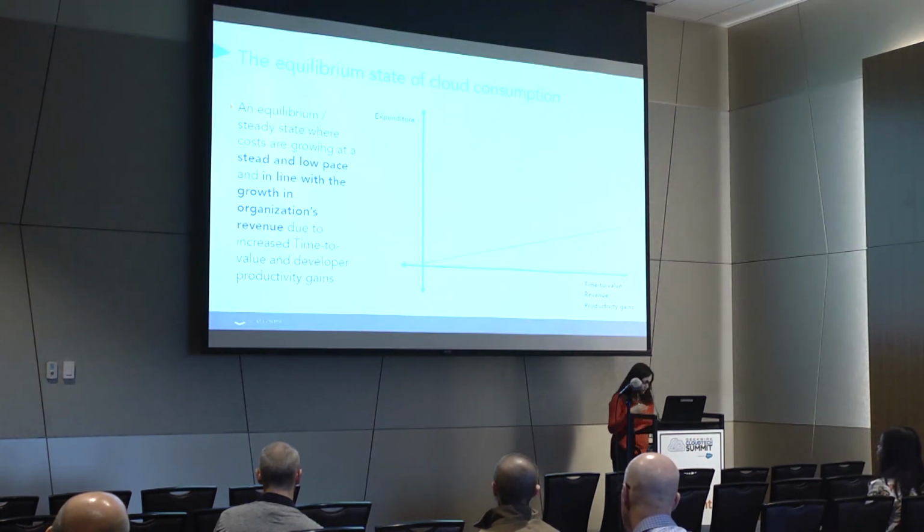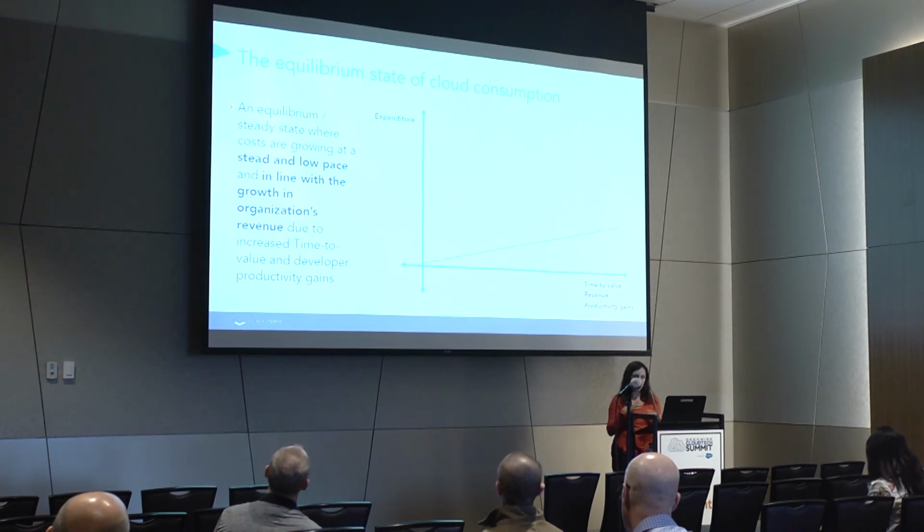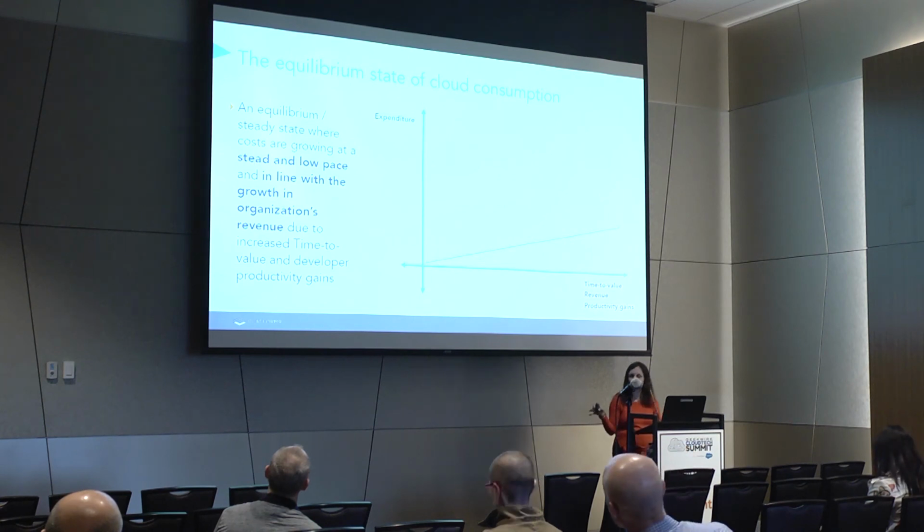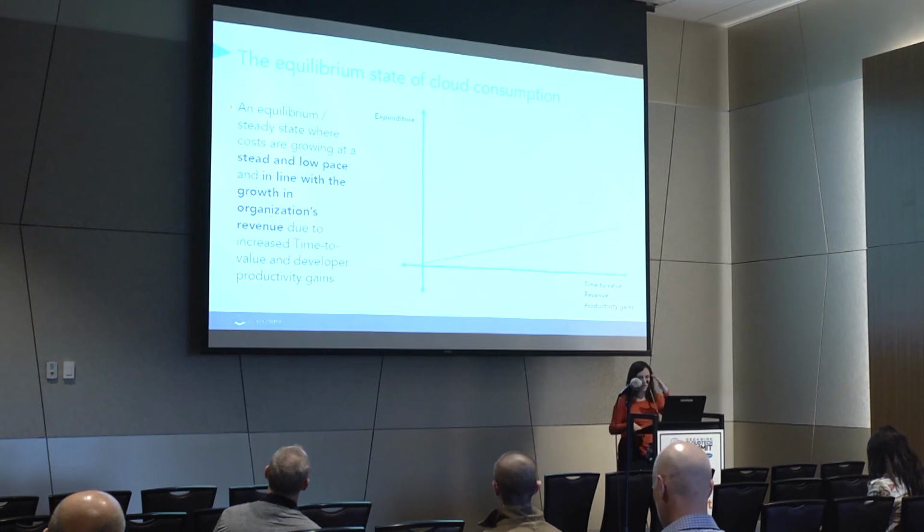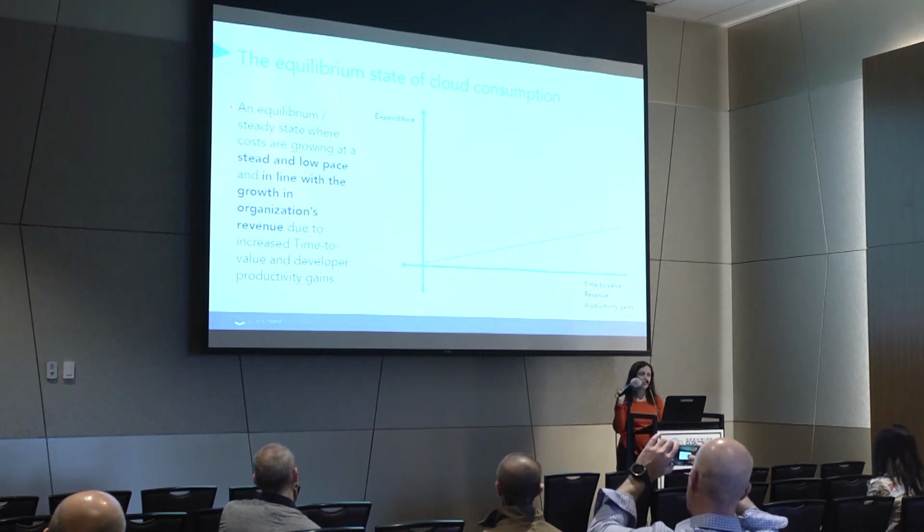It is possible to reach a state, if you as an organization have invested in the right hybrid cloud management strategy, where you have control over waste management, you've invested in select tools that let you manage a broad spectrum of technologies, then you can reach a steady state or an equilibrium where your costs are still growing, okay? But they're growing at a very steady low rate.